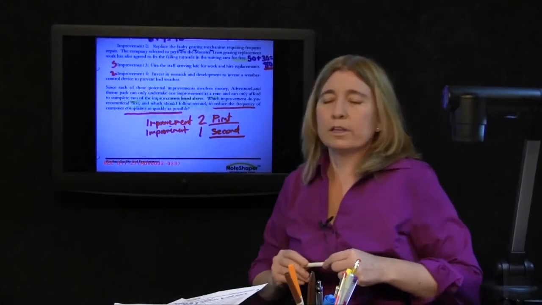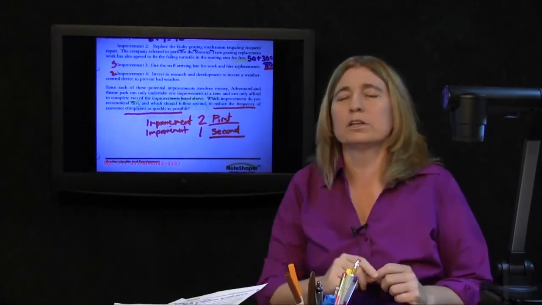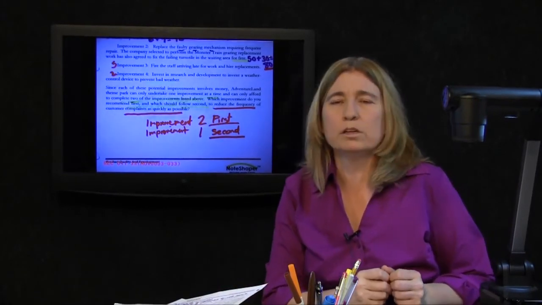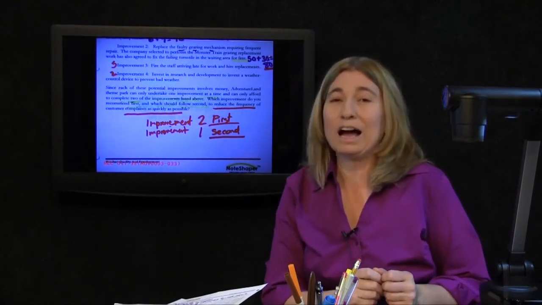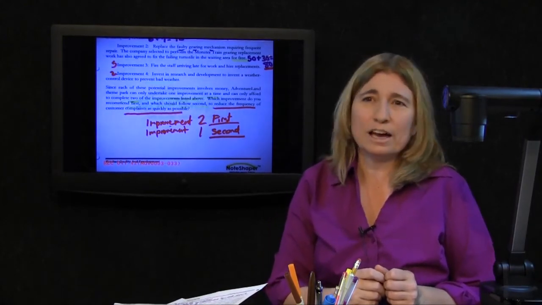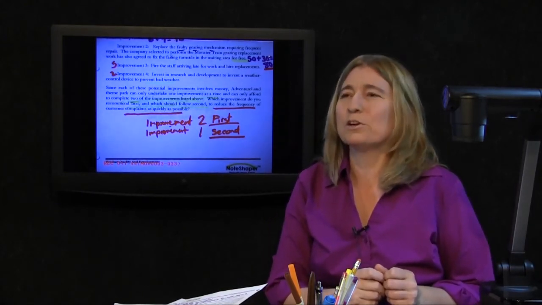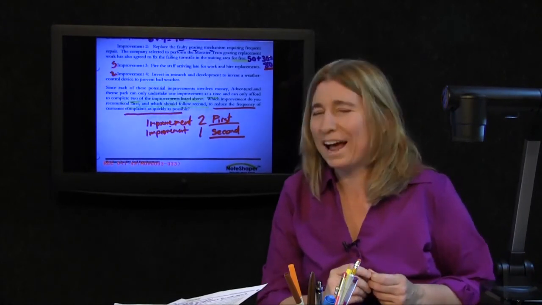Now you may be looking at that and you may be thinking, hey, now wait a minute. I mean, it doesn't sound really likely, but improvement 4, if they could really invest money to control the weather, wouldn't they be able to make a lot of money off of that device? And the answer is yeah. I think that they could make a lot of money elsewhere off a device that controlled the weather, but we weren't asked about that.